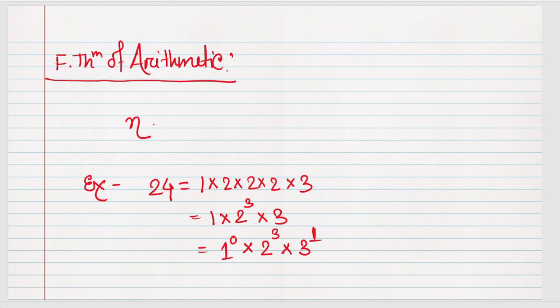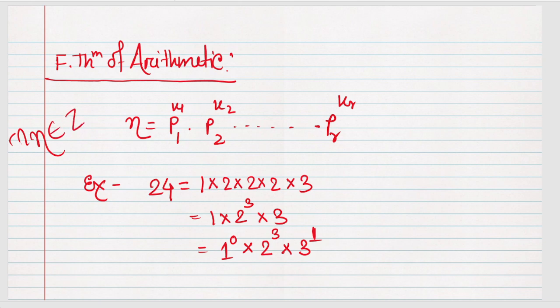Why should I write this in this form? Because we can write n in the form p1 to the k1, p2 to the k2, up to pr to the kr, where all of these p1, p2, up to pr are prime numbers, because the integer n is obviously represented as a product of prime numbers. This is what the fundamental theorem of arithmetic says.